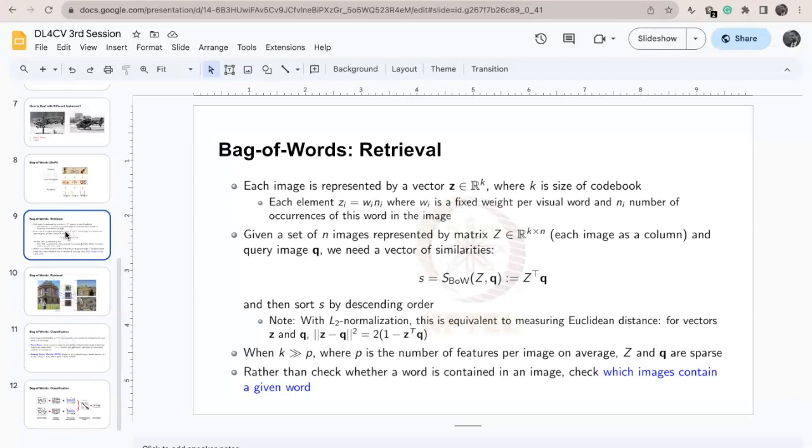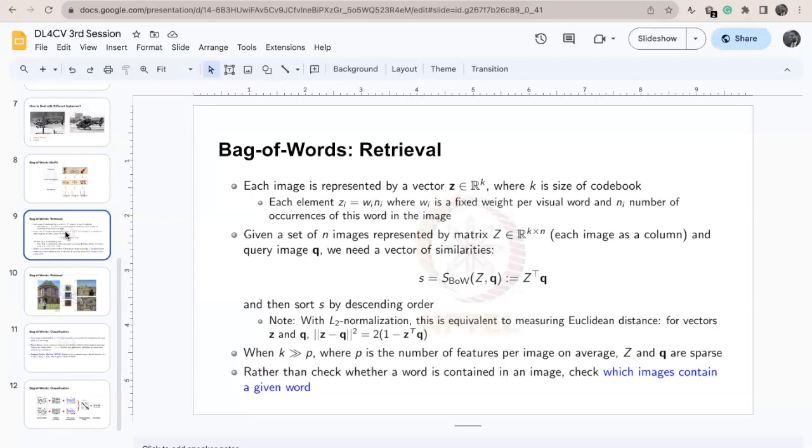We use L2 normalization, which is equivalent to measuring the Euclidean distance between the vector z and q. After getting the scores for all of them, we say that this image corresponds to this image, because in the capital Z we had small z's, the vectors.